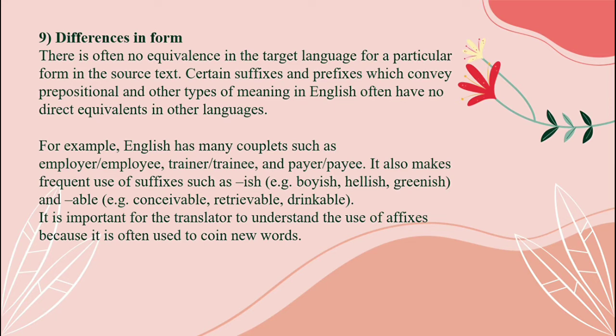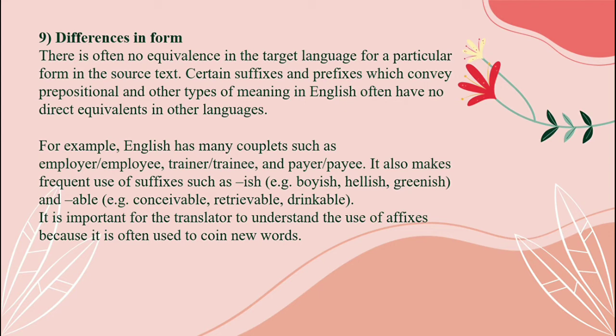The next is differences in form. There is often no equivalent in the target language for a particular form in the source text. Certain suffixes and prefixes, which convey propositional and other types of meaning in English, often have no direct equivalent in other languages. For example, English has many couplets such as employer and employee, trainer and trainee, and payer and payee.